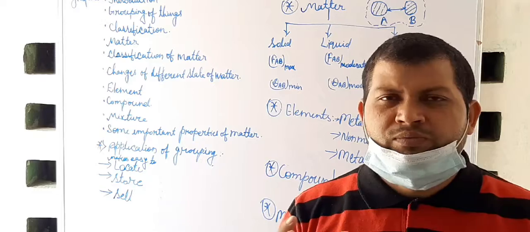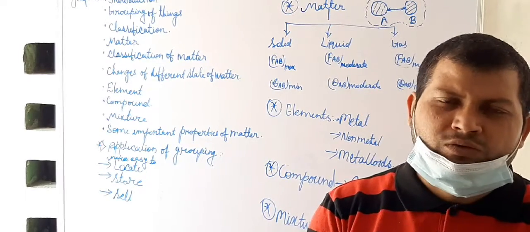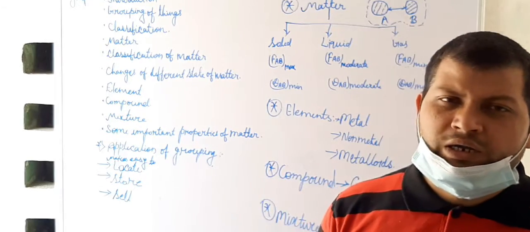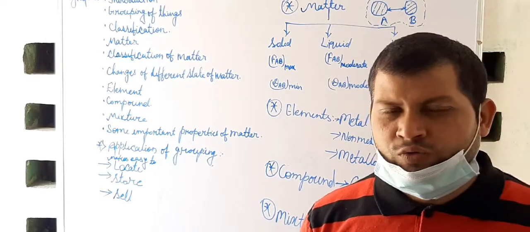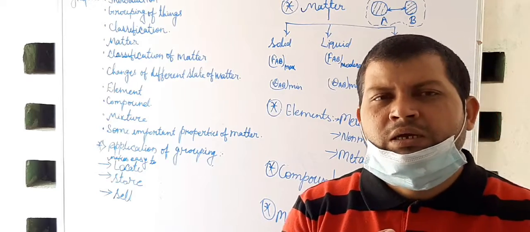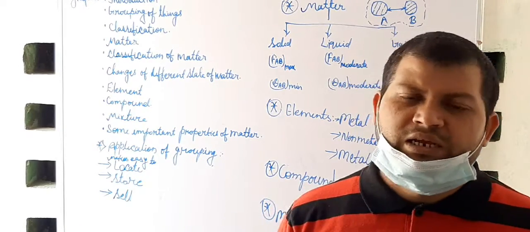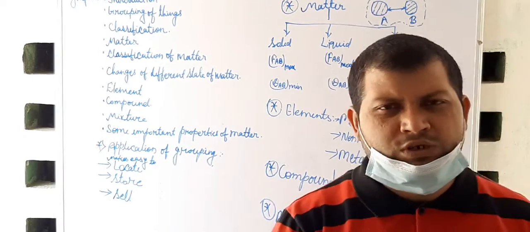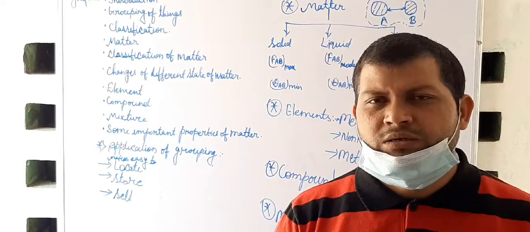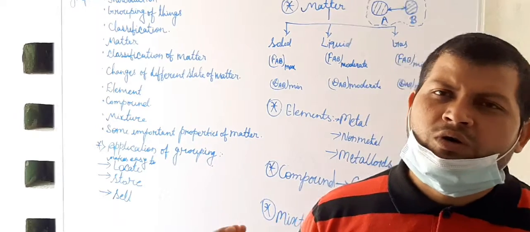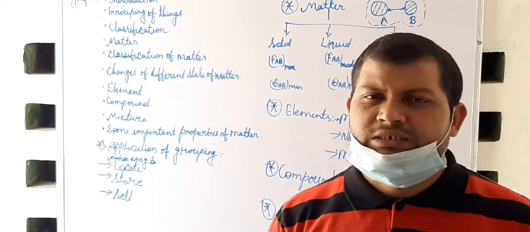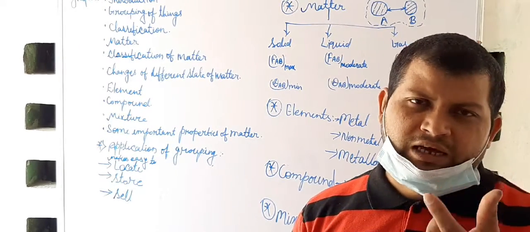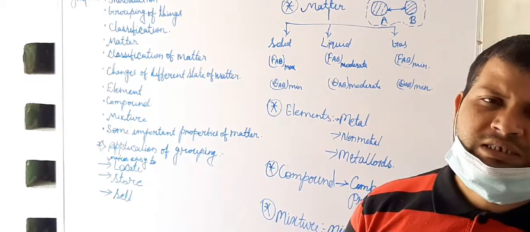The molecules of matter are combined together with a force that is called intermolecular force, due to which they are kept separated. So according to the molecular forces, it is solid, liquid or gas. So matter is classified into three states: either solid, liquid or gas.